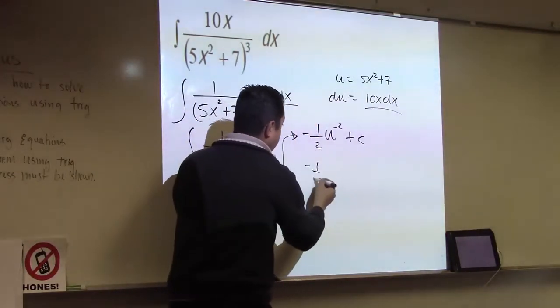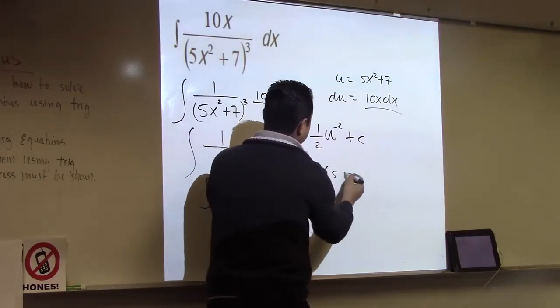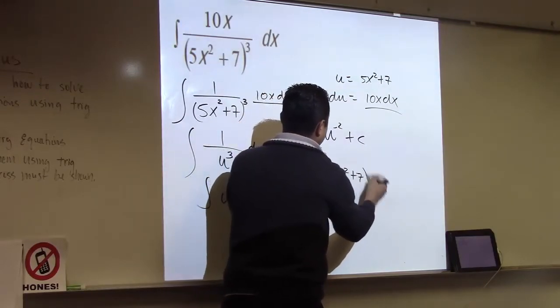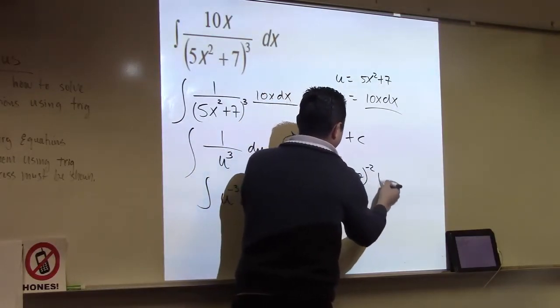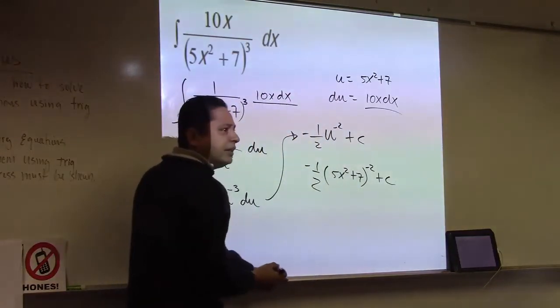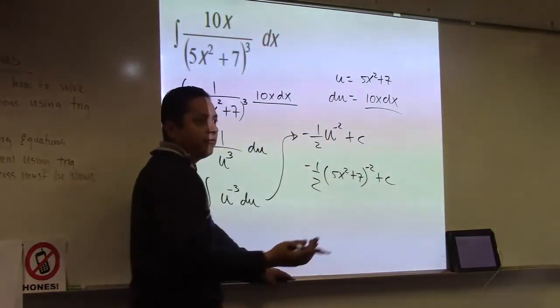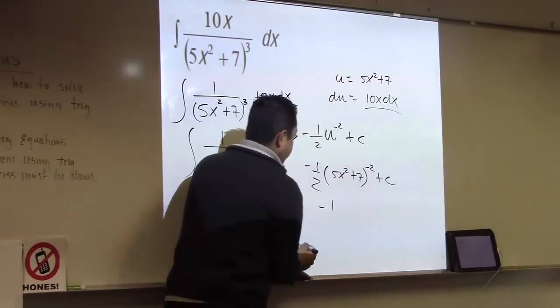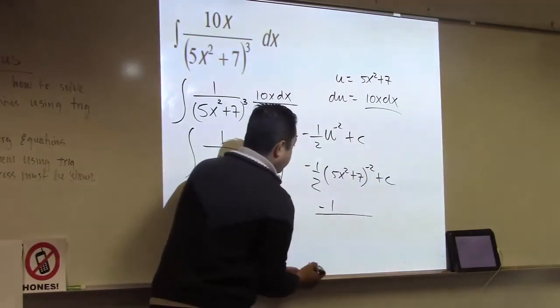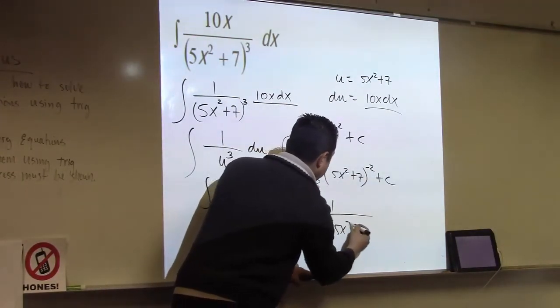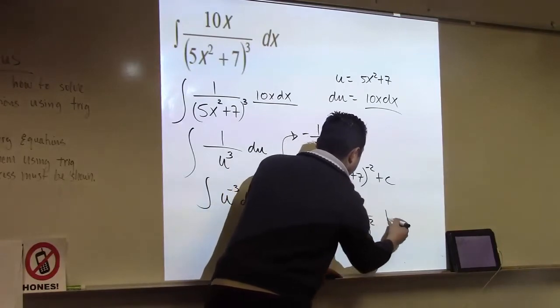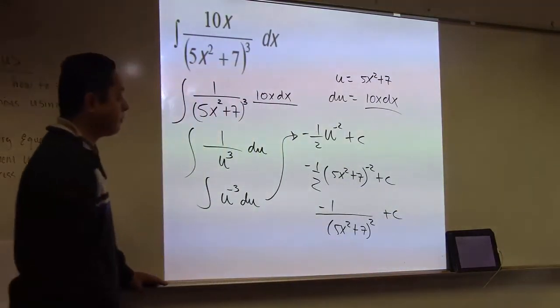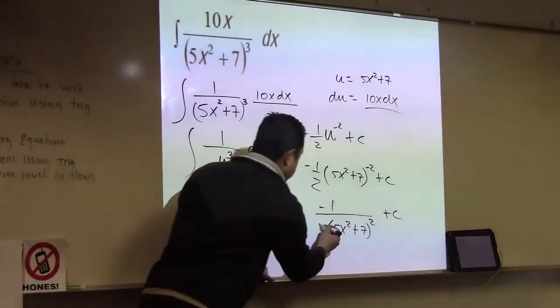So it's negative 1/2, replace the u, plus c. And we can always clean this up. First response, you can kill it there and get full credit. Leave it on the top, bring that to the bottom. I'm missing a 2.